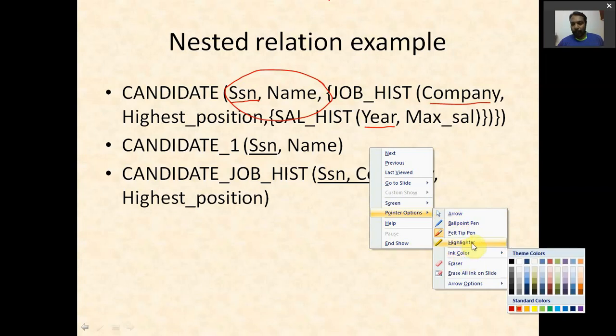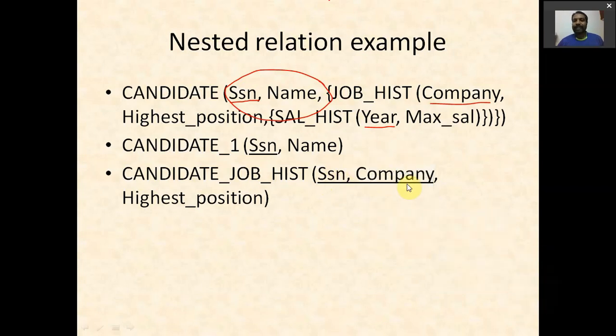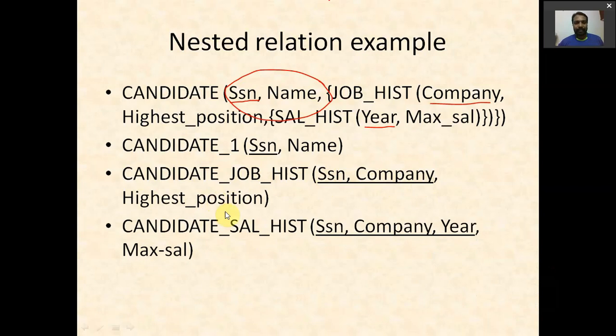So SSN comma company will be the primary key of the second table, and highest position will be another attribute. Now the third table will consist of SSN, then company, the primary key of the previous table, and also year, the partial key of this table, then maximum salary. The combination of SSN comma company comma year will form the primary key of this third table.